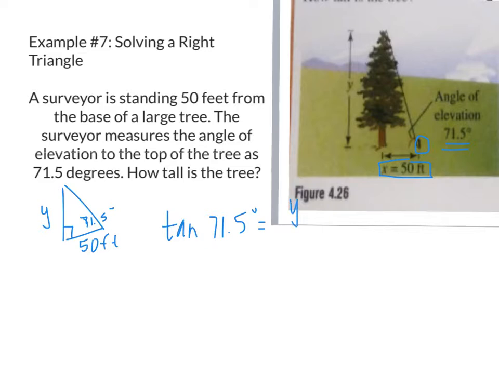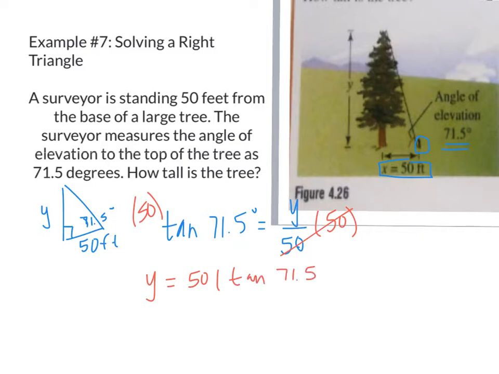Opposite is y, adjacent is 50, okay? So then to solve for y, we need to get rid of the fraction. So we're going to multiply both sides by 50. And in the end, y is going to equal 50 times tangent of 71.5 degrees.